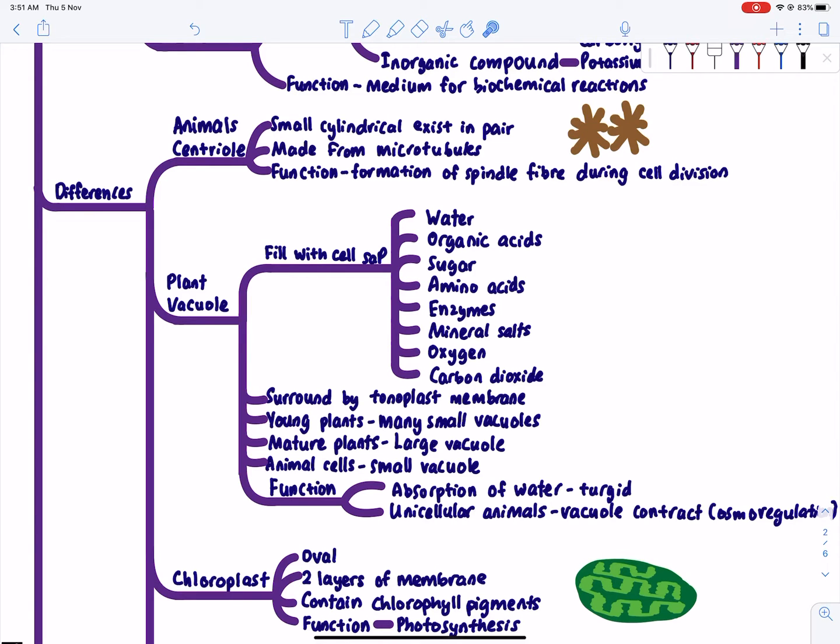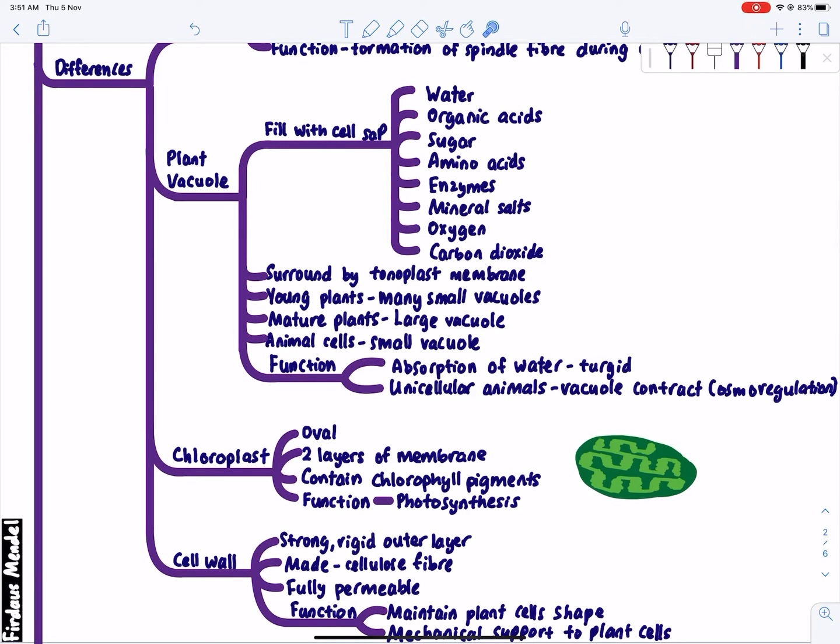And then we have the unicellular animals. Vacuole, we have contractile. Unicellular animal or unicellular organism. I don't really agree with using 'animals', because the animal kingdom has its own characteristics for how we differentiate whether an organism is in the animal kingdom, the plantae kingdom, the group of bacteria, or the group of fungi.